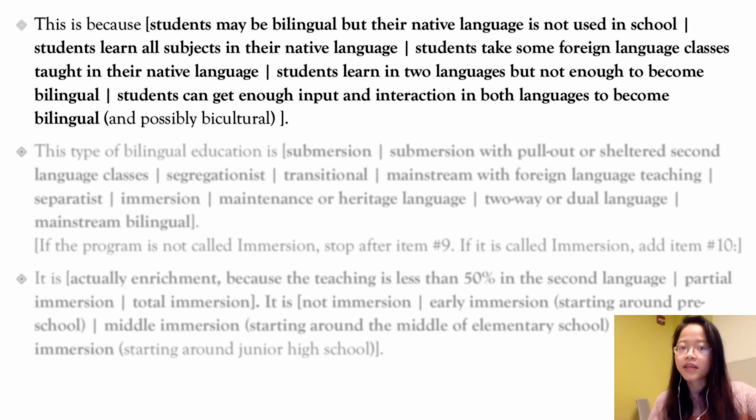For example, you can say, oh, it is subtractive bilingualism because students will learn most of the content in English, the majority language used in the mainstream society, and students cannot get any input or interaction in their primary language. So it will be subtractive, right?